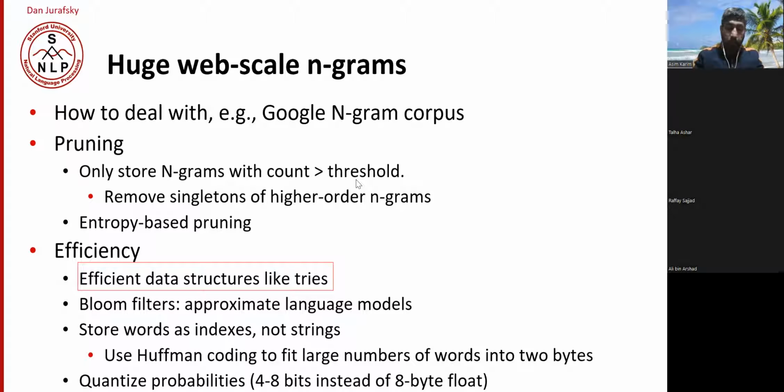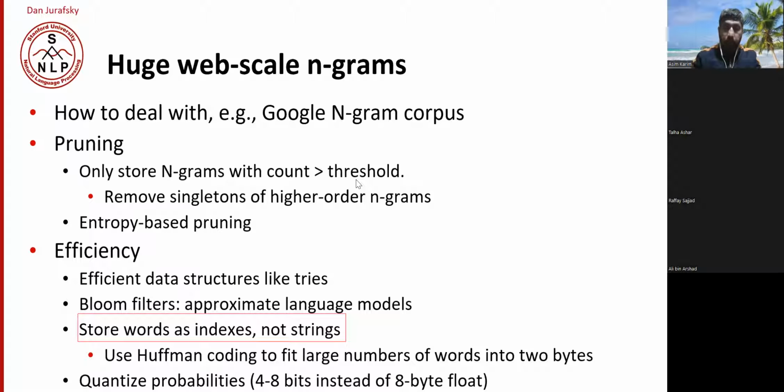And then you can talk about various efficiency things. You can use efficient data structures, tree structures, for example a trie. You can use suffix trees or prefix trees. Again, the whole idea is to store things such that the space used is small. You can compress the storage. Bloom filters are another example.